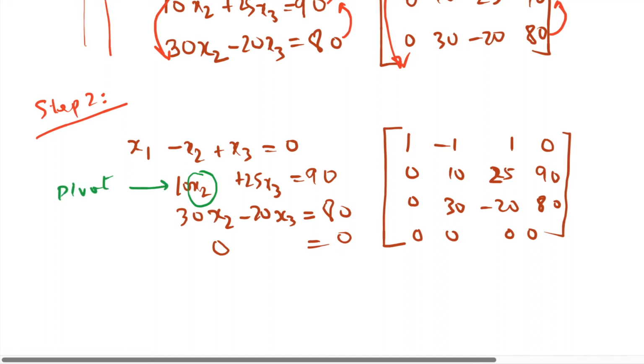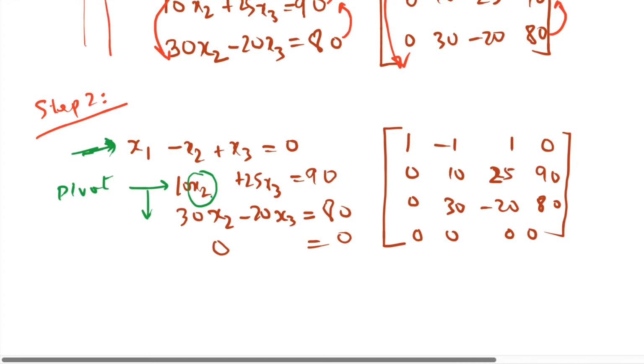We will use x2 to eliminate x2 from all the other equations lower down. Remember, we will not touch the original pivot equation, the first pivot equation. We are done with this guy. So we want to eliminate x2 in all the other equations of this linear system.